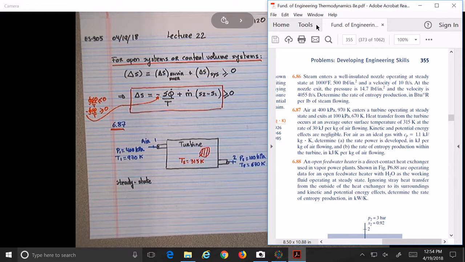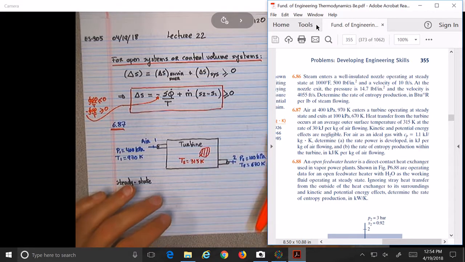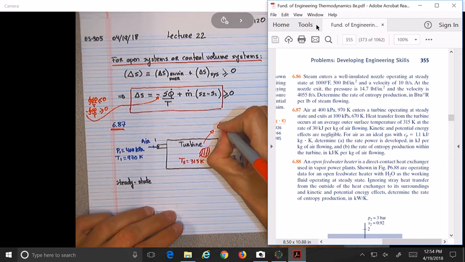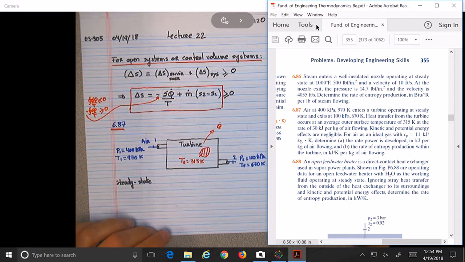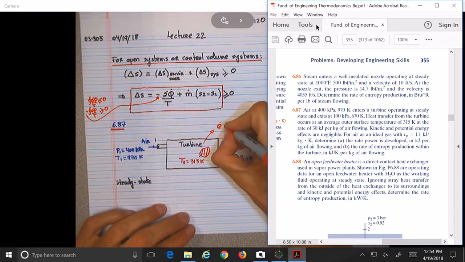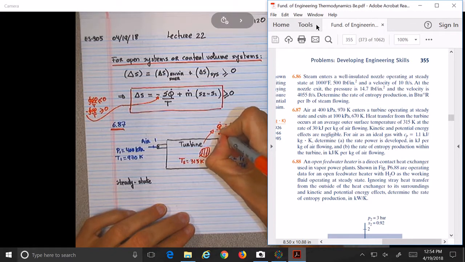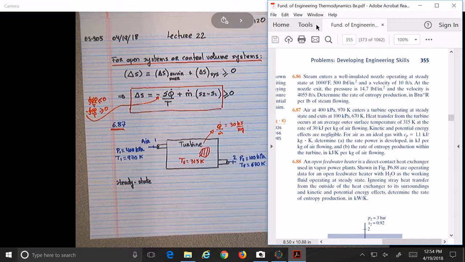Heat transfer from the turbine, what does that mean? It is leaving the turbine, at the rate of 30 kilojoules per kilogram of air flowing. So really, it's not Q, but Q over m.